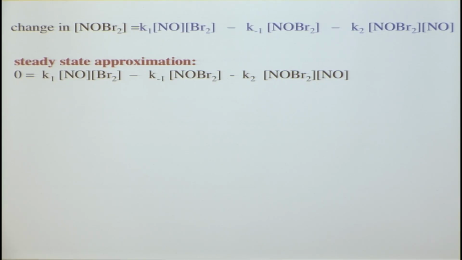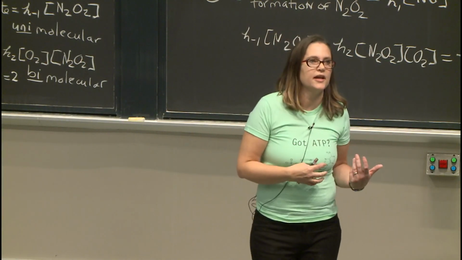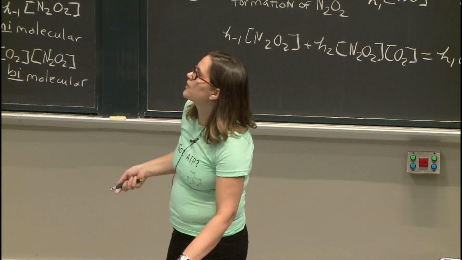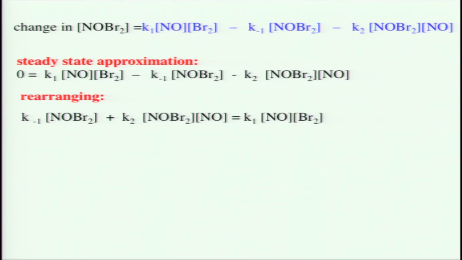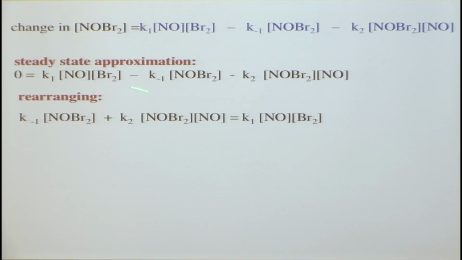So again, the steady state approximation is the net rate of formation of your intermediate equals the net rate of its going away. Net rate is 0. Rearranging then, we can bring the two terms that involve the decay or the consumption of our intermediate on one side, and set them equal to the rate at which that intermediate is formed. Then we can pull out our terms for our intermediate.